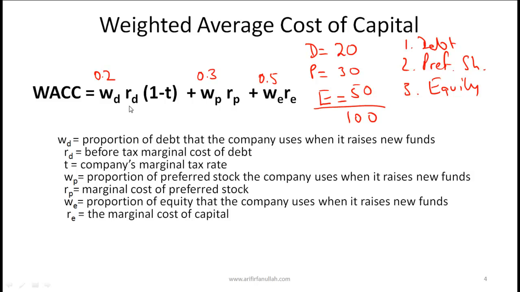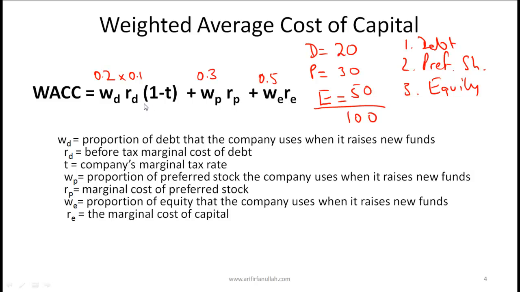RD refers to the cost of debt. So this is the return that debt holders or bond holders are expecting. In this simple example, let us say that bond holders are expecting 10% or 0.1. So we say 0.2 into 0.1.